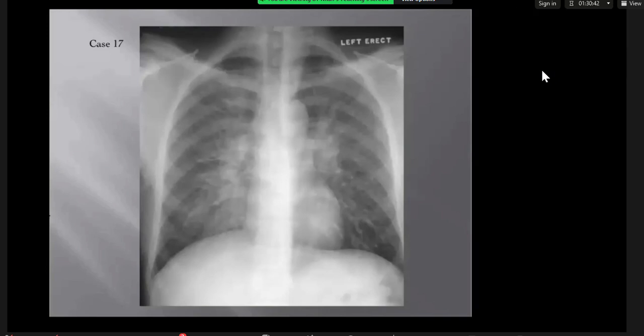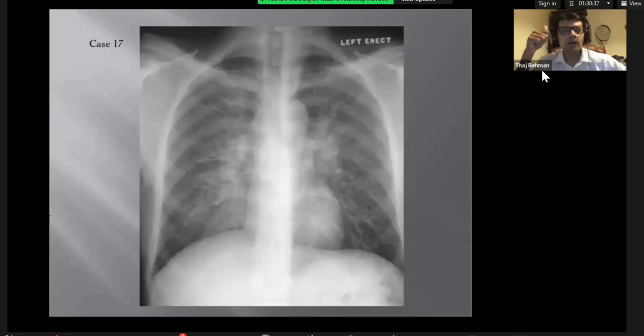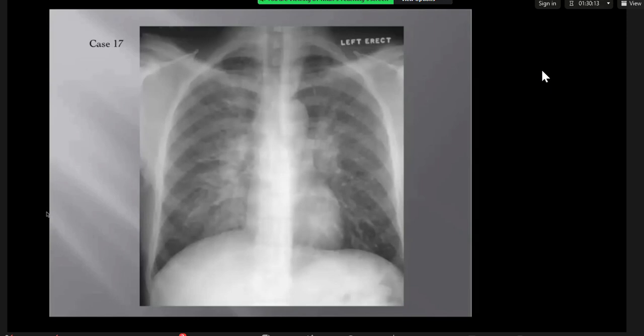When you see an opacity, you think, is it alveolar, meaning inside the lung air spaces, or interstitial, meaning along the interstitium around the alveolar spaces? That's how you should think. Is this more likely interstitial, or alveolar acinar opacities? I think it's more alveolar, to be honest, because it's projected as very diffuse, fluffy shadows.